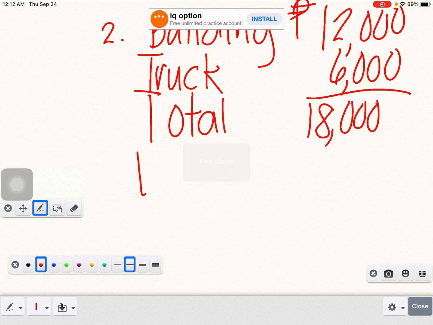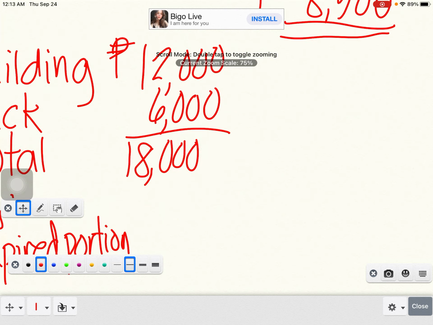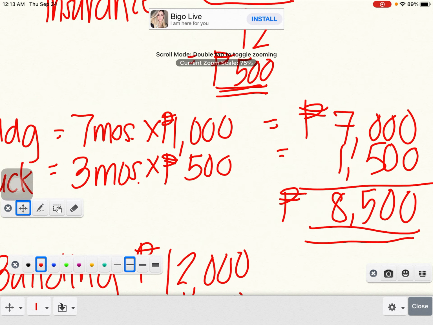Less expired portion, so pila to sa building?